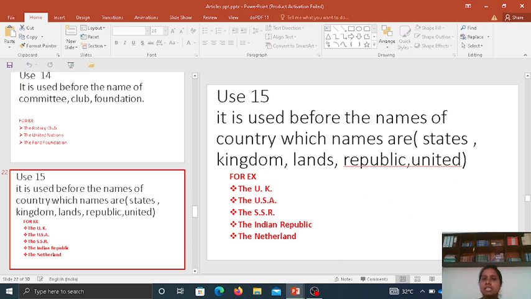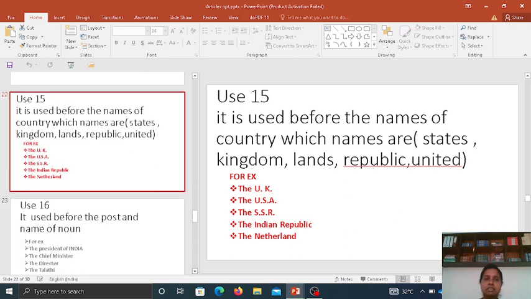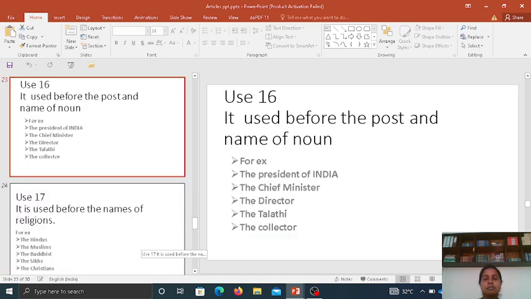Then the USSR. In this way, these are the short names. Then the Indian Republic: the word republic has come with the country, that's why the is used here. Again, the Netherlands. In this way, you have to use the properly before the name of the country.